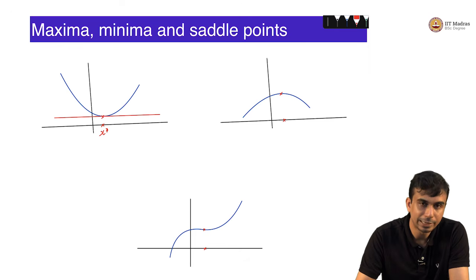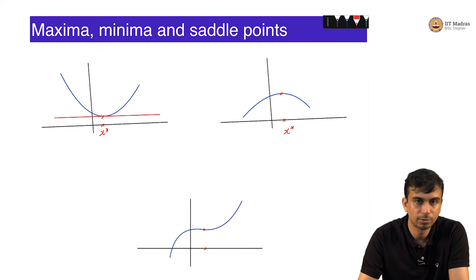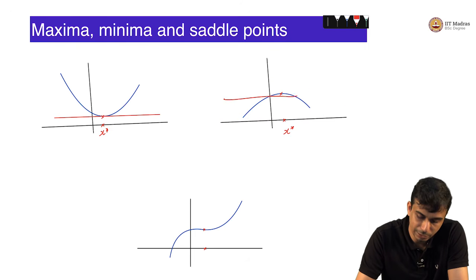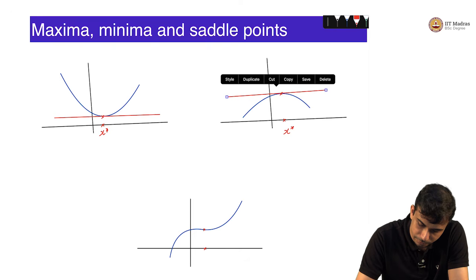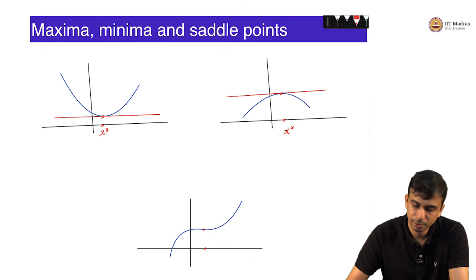But that is not the only kind of place where there is no variation. There is also the second function here where your x star is this, and your linear approximation of this function around x star is also a straight line. And this particular point happens to be a maxima.